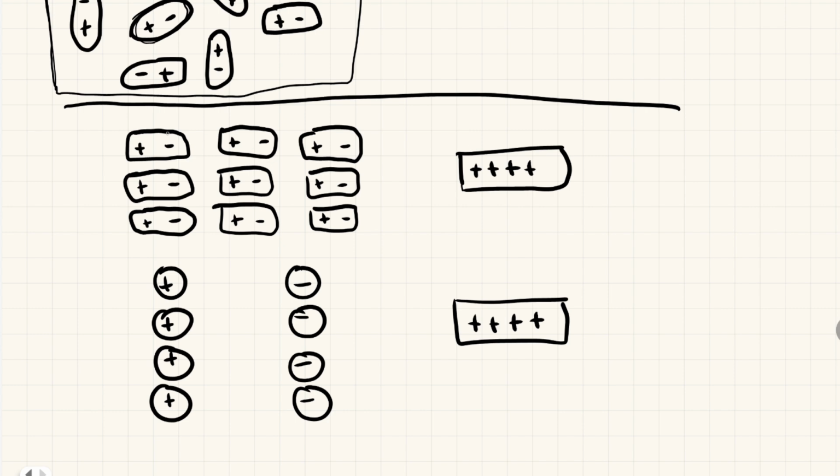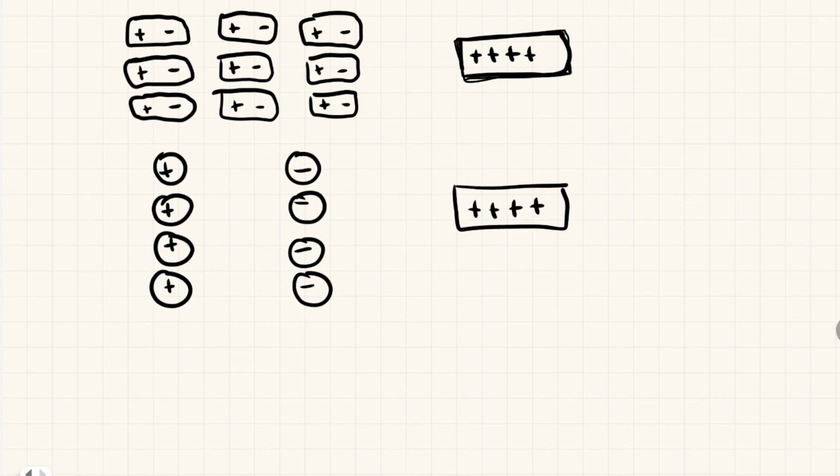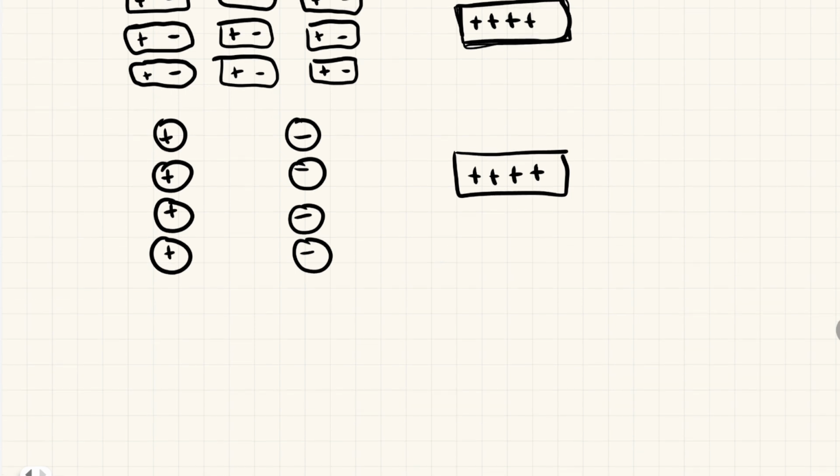So these dipoles get oriented by the electric field generated by this set of positive electric charges. In the case we have some individual electric charges, the positive charges will be on this side of the material, and on the other hand, the negative charges will be closer to the electric field generated by the positive charges here.